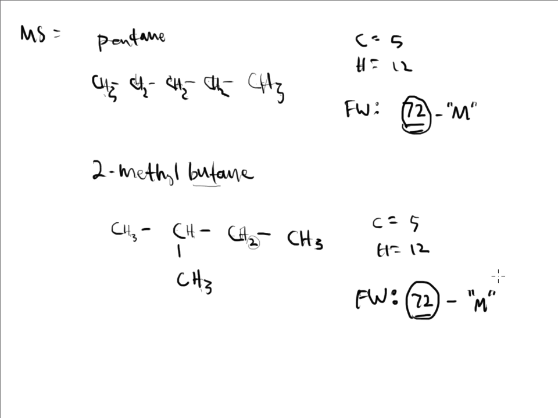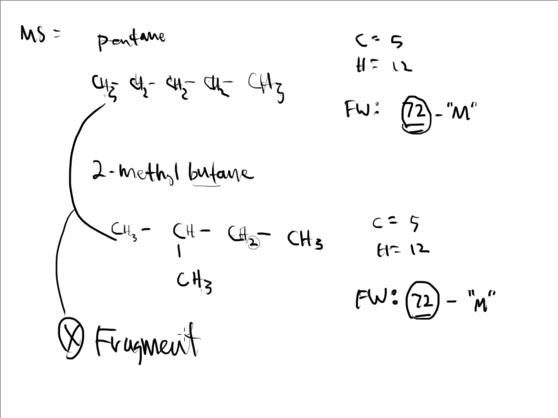Both of them will show a 72. But you know what both of them will not do? They will not have the same fragmentation pattern. Now, I'm not going to say they don't have the same fragments, right? We're looking at fragmentation pattern. That also takes into account abundance.